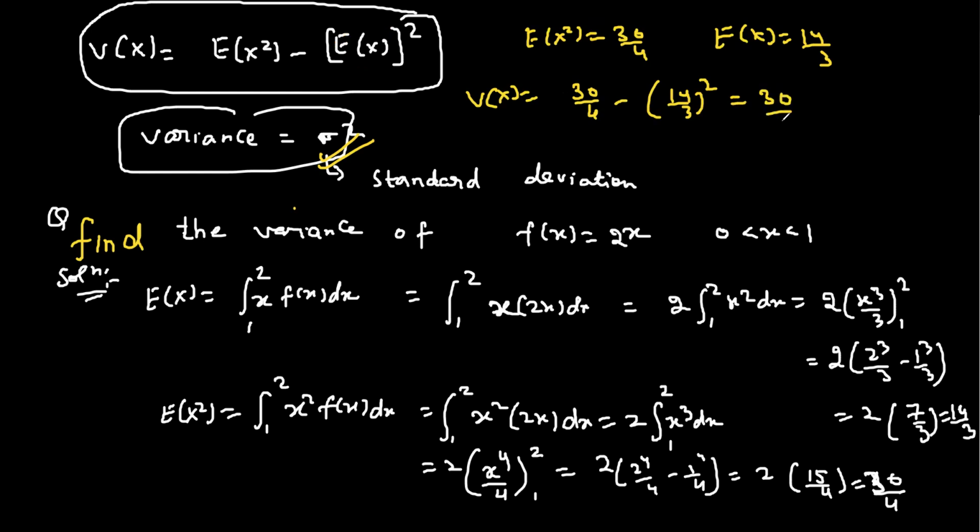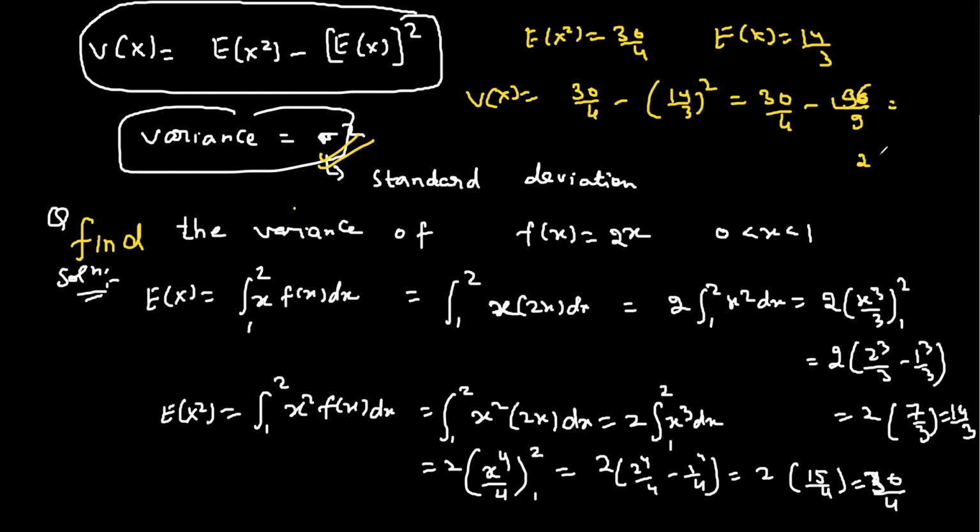So 14 over 3 squared is 196 over 9. 270. You can calculate by calculator.